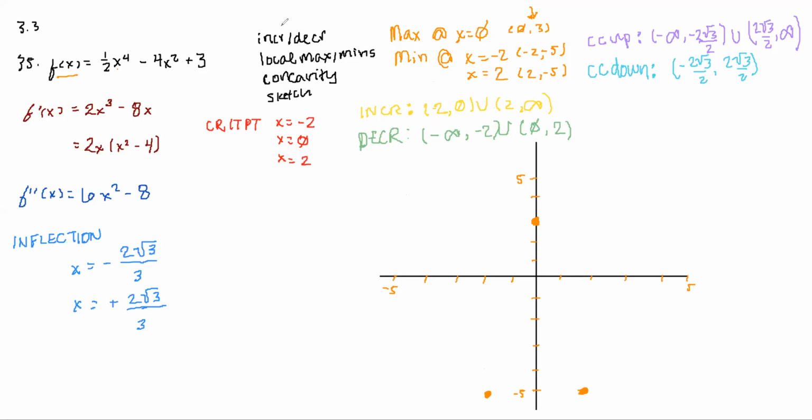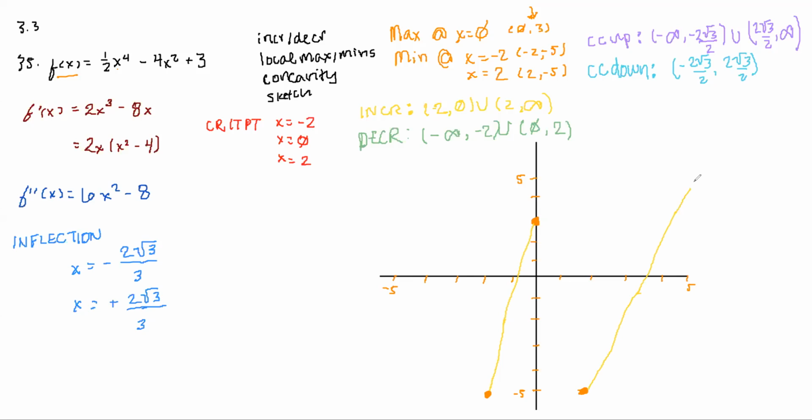Next, I'm going to go ahead and sketch out a little bit of what I know about my increasing and decreasing at this point. I know that from -2 to 0, I'm increasing, which makes sense. So I'm just kind of drawing lines, and I know that from 2 to infinity, I'm increasing. So this is stuff that I know.